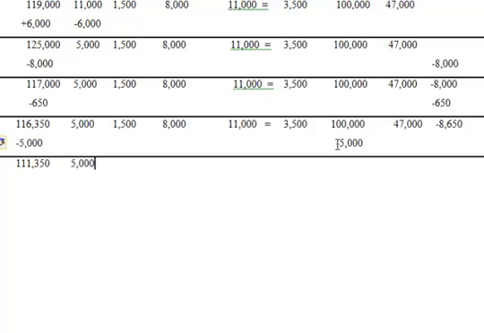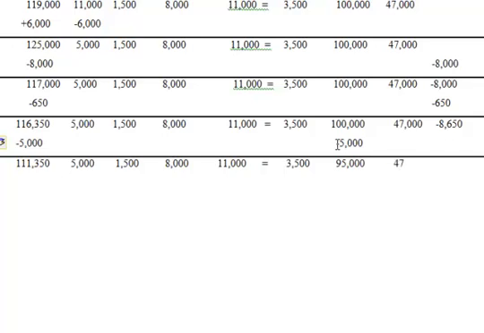That's money our customers owe us for services that we've provided. $1,500 for supplies, $8,000 for prepaid rent, $11,000 for equipment, $3,500 for accounts payable. For the capital account, she started with $100,000 and $5,000 is taken out, so now she's worth $95,000.